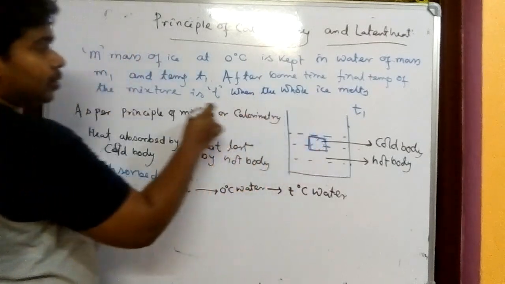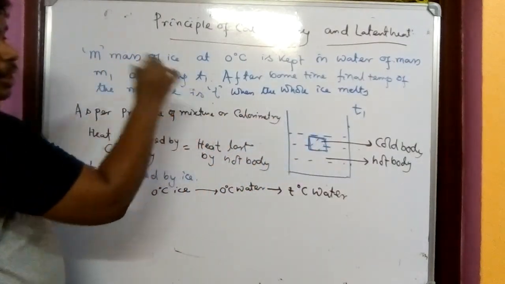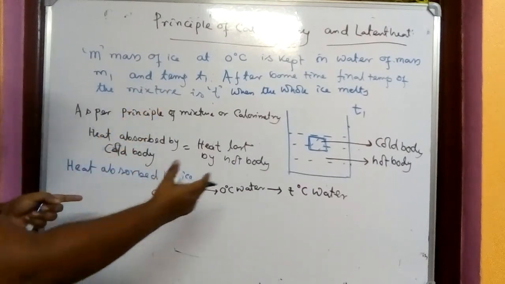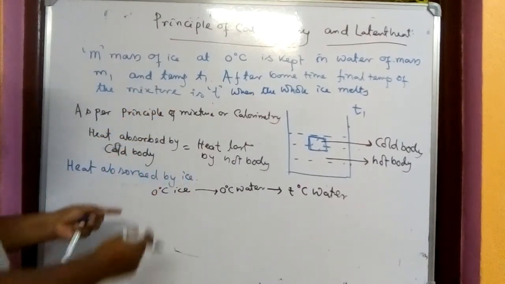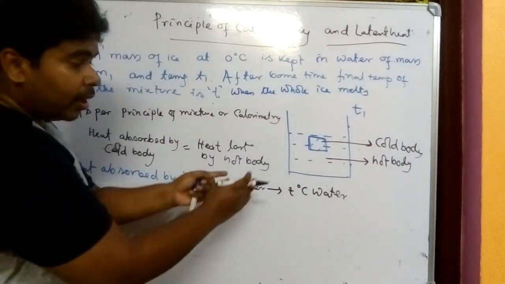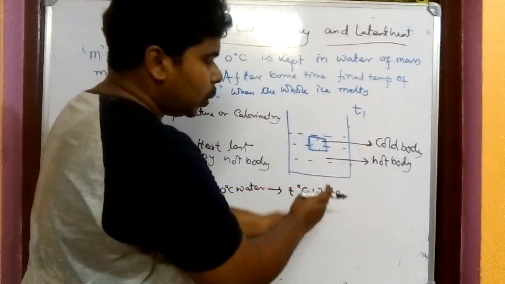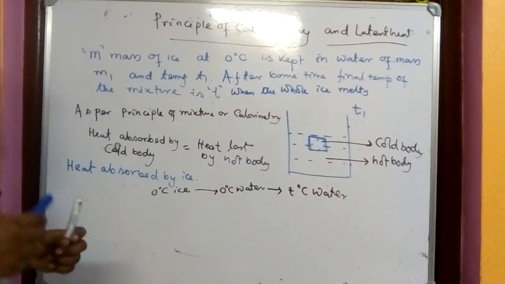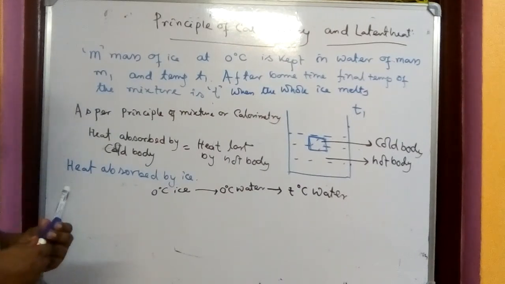Why? Because the final temperature of the mixture is T. So this is the path followed by the ice. First 0 degree centigrade ice to 0 degree centigrade water, and 0 degree centigrade water to T degree centigrade water. This flow chart you have to make whenever you do any sort of numerical. Okay.